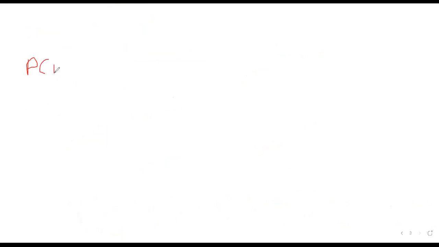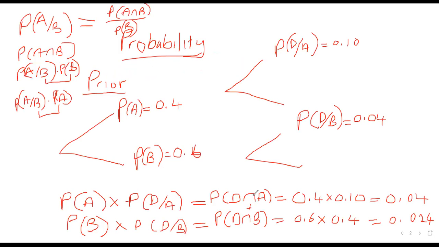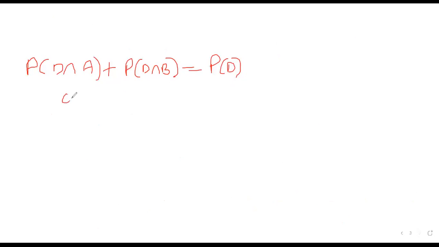So probability of D intersection A plus the probability of D intersection B will be the probability of the common letter, which is probability of D. So in this case, our probability of D intersection A is 0.04, and the probability of D intersection B is 0.024. So 0.04 plus 0.024. What do we get when we add these two?